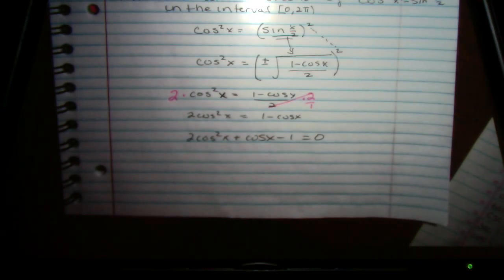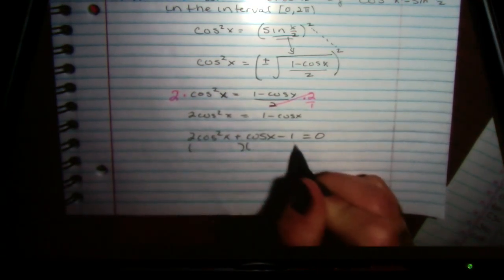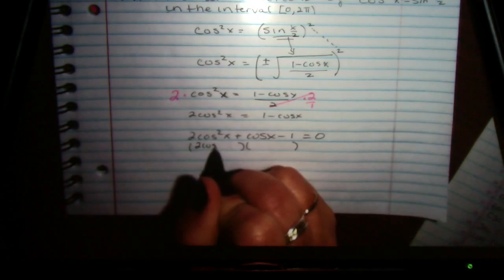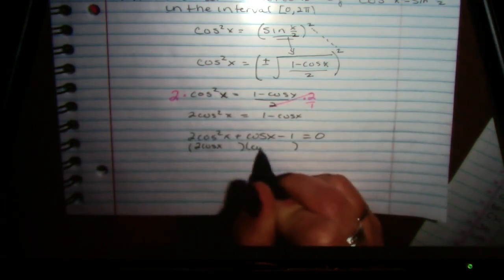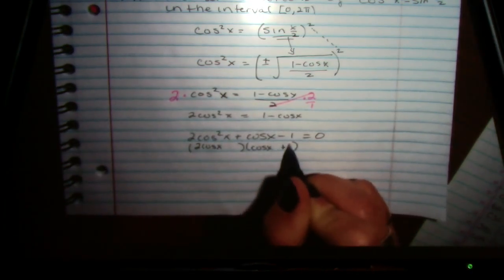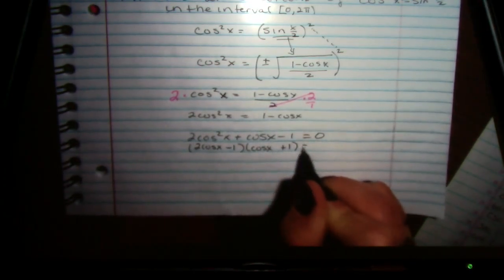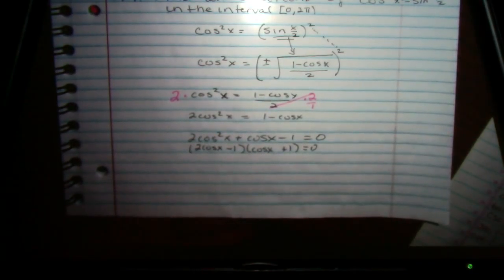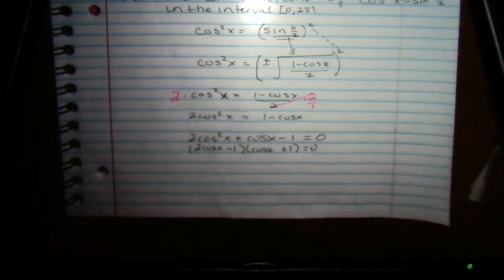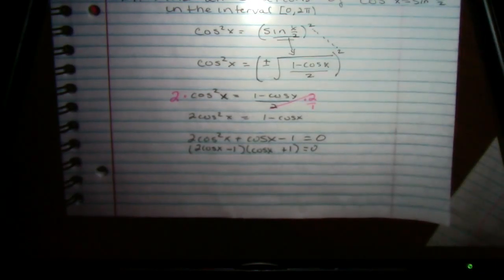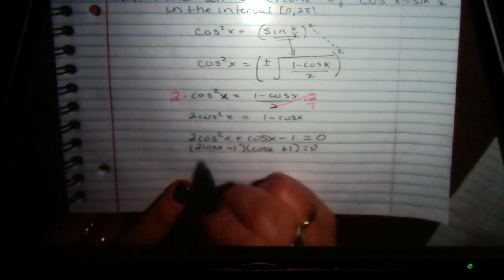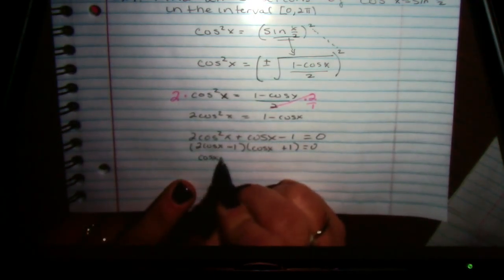See how everything from this unit keeps coming back. Now what? Factor. Set them equal to 0.